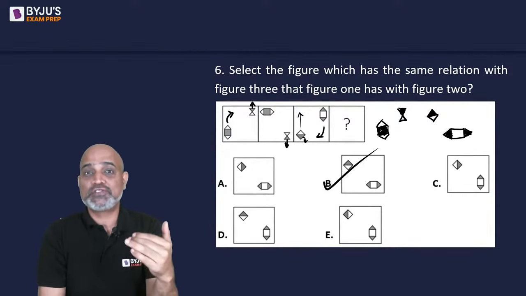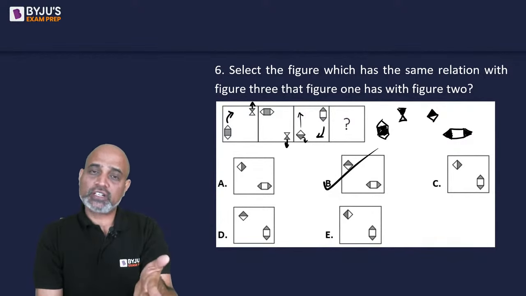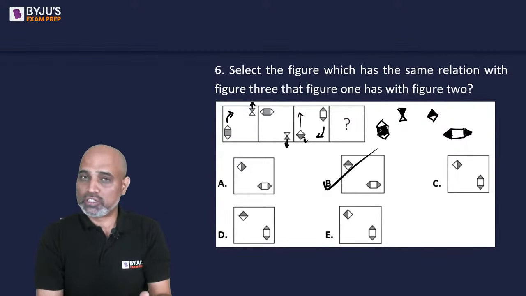The logic is, if something is symmetrical and it's a ruby shaped figure, it will rotate. Vertical will become horizontal.